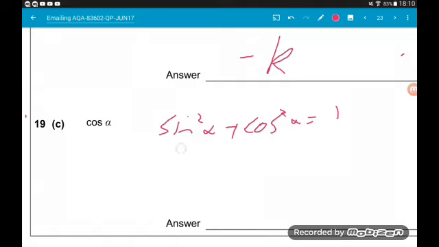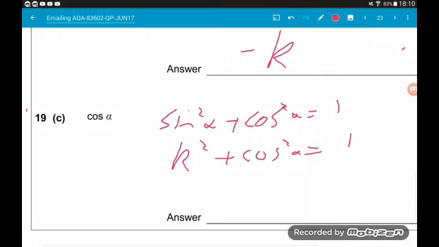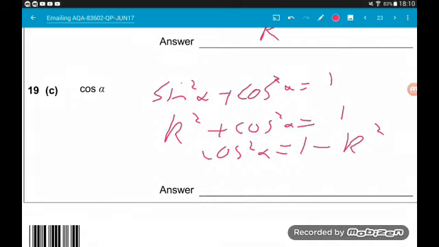So we've got k squared plus cos squared alpha equals 1. Take away k squared, cos squared alpha is 1 minus k squared, and then square root: cos of alpha is the square root of 1 minus k squared.